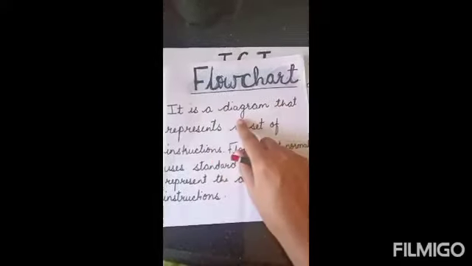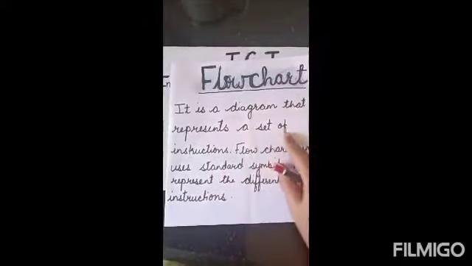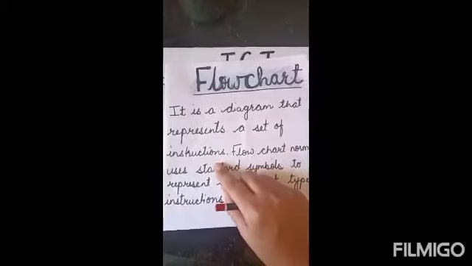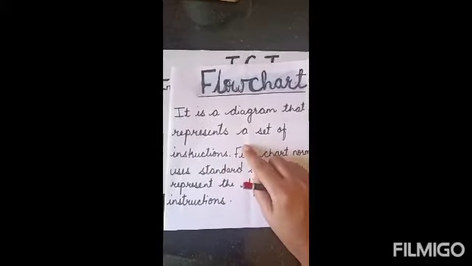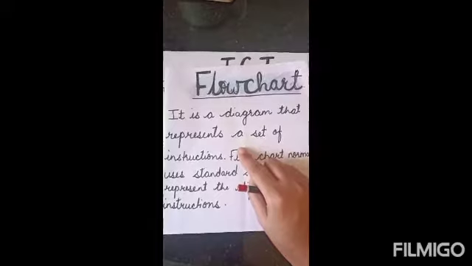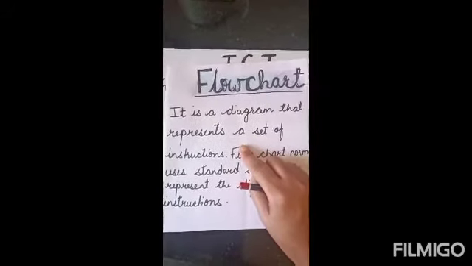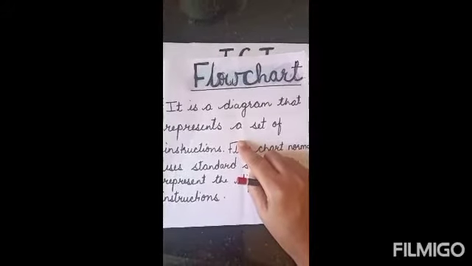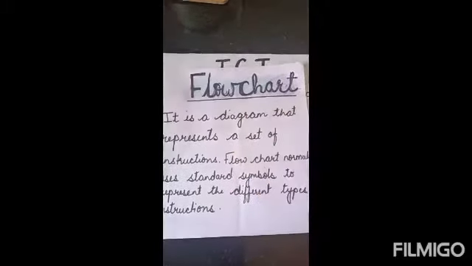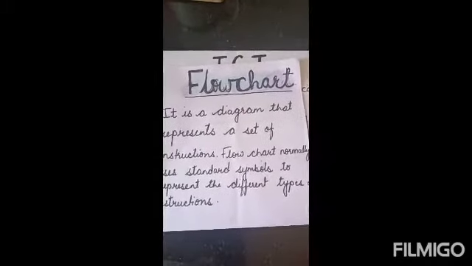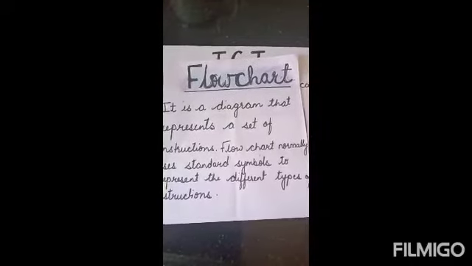Yes, it is a diagram that represents a set of instructions. Or a flowchart is also used to write a process in an explanation text, you remember? So a flowchart is made up of a few boxes and arrows.